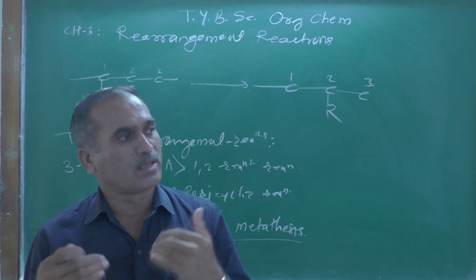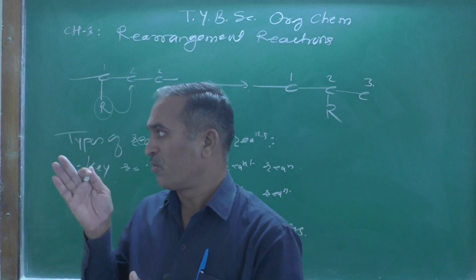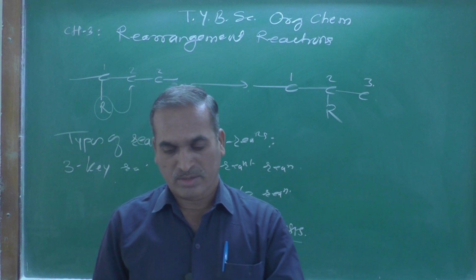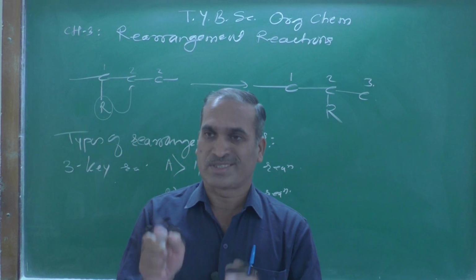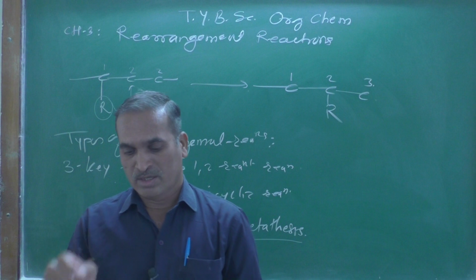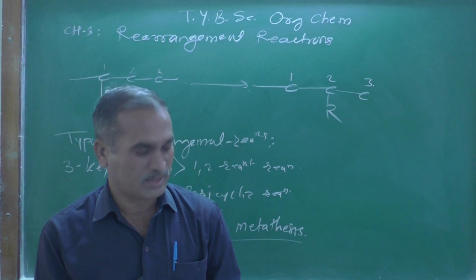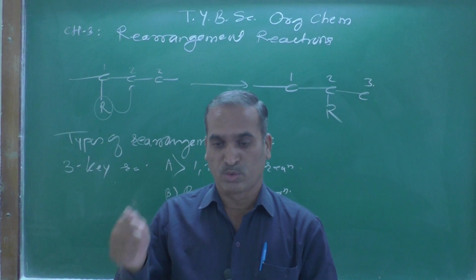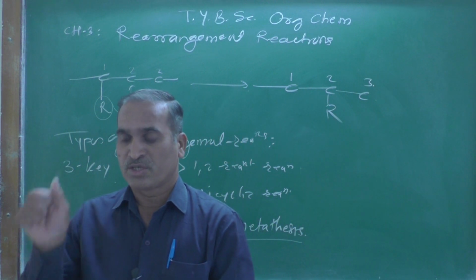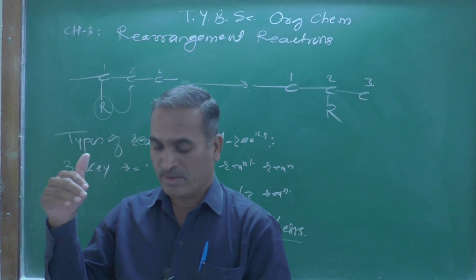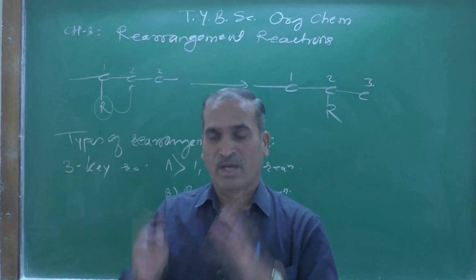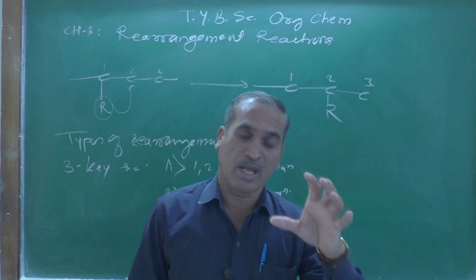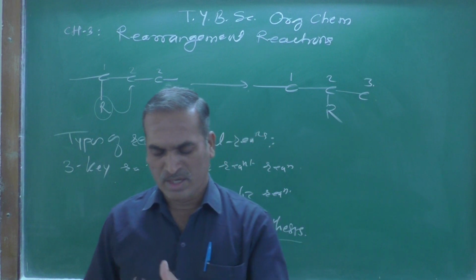These are other very famous rearrangement reactions, and we are going to learn these reactions step by step in this particular chapter. Here I am just giving the named reactions we are going to learn.